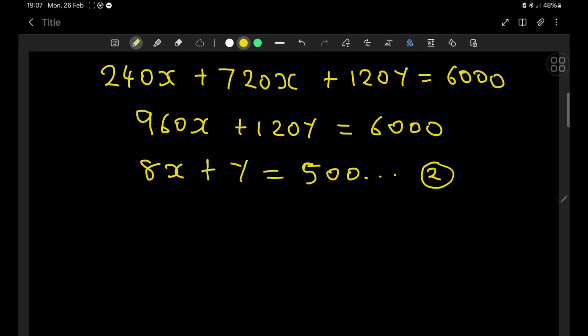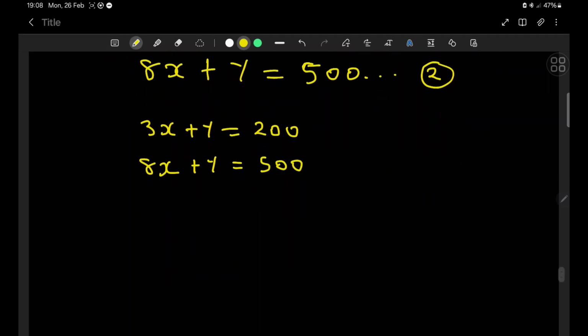Remember, we're solving this using matrix algebra, so we can write our equations together. We had our first equation as 3x plus y is equal to 200, and then we also had 8x plus y is equal to 500.